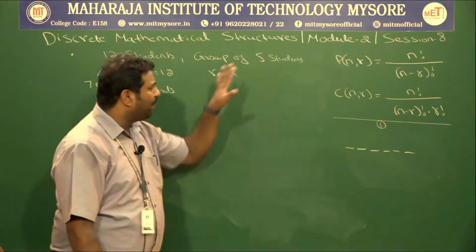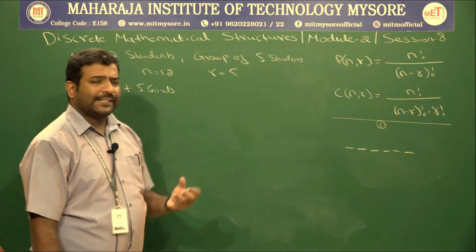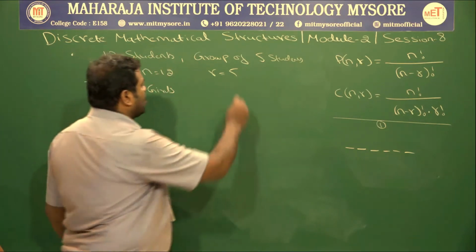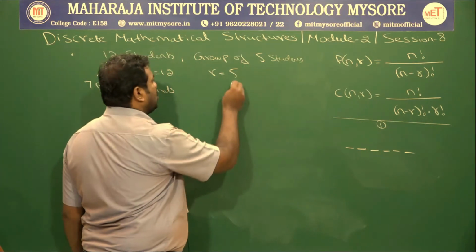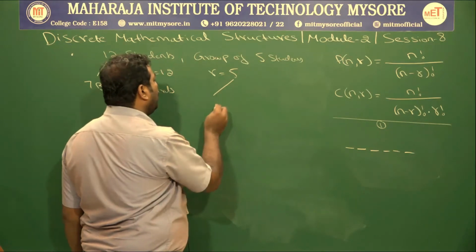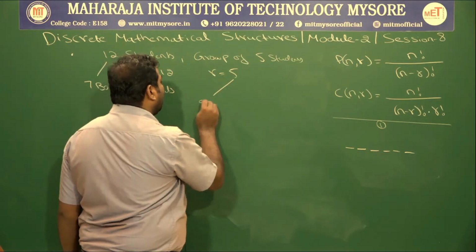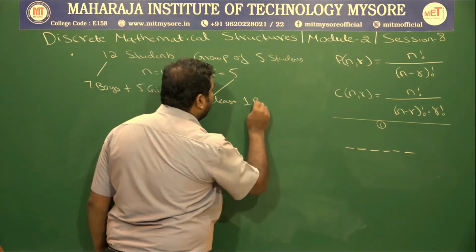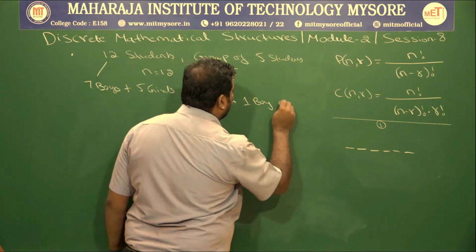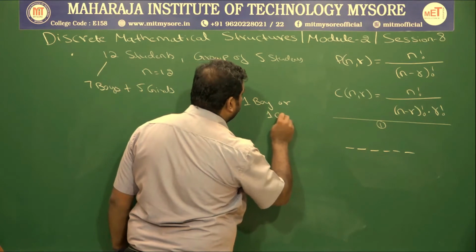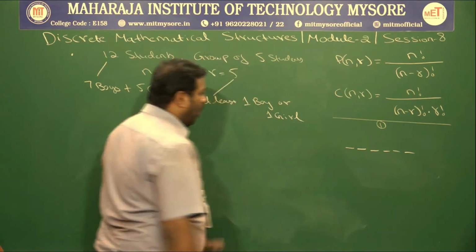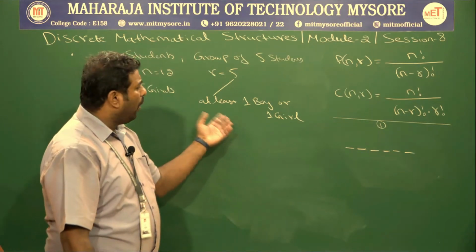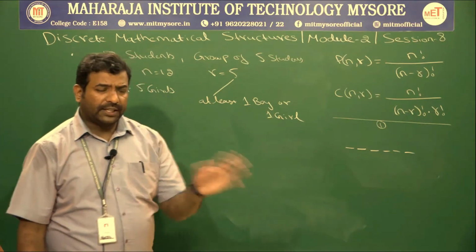Now I need to pick 5 students as a group, and I need to make sure the condition is that out of these 5 students, there should be at least one boy and one girl. All 5 being girls, or all 5 being boys, is not the case.